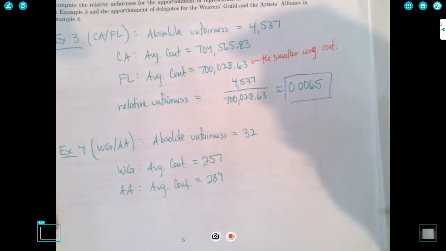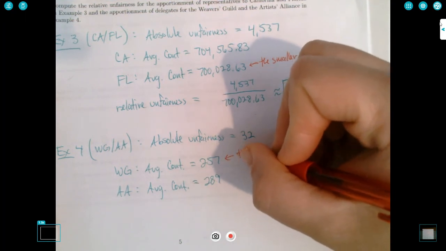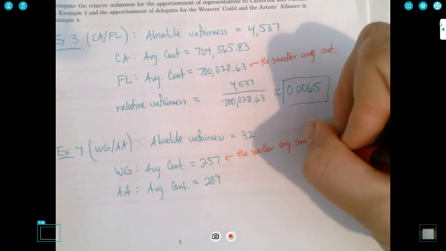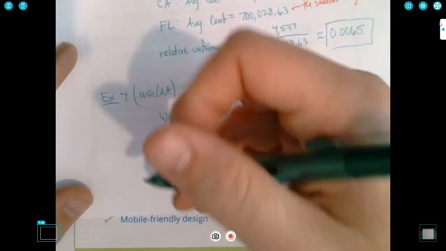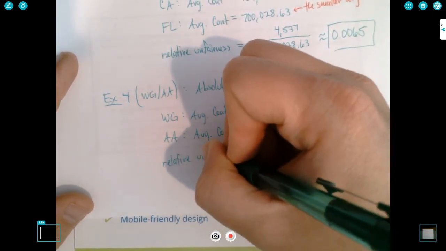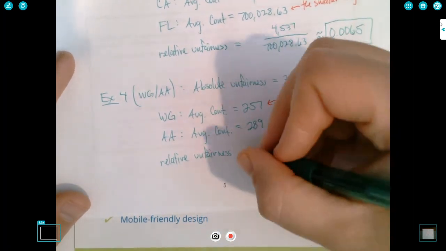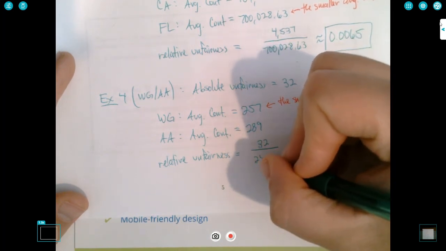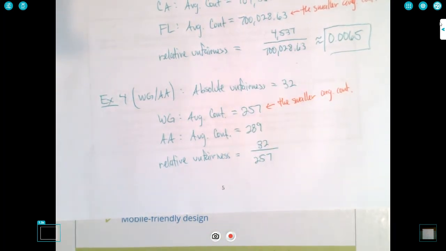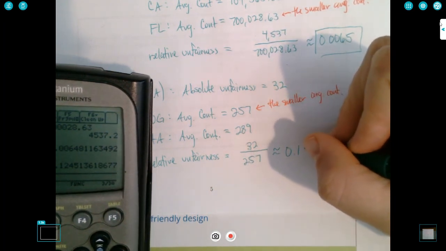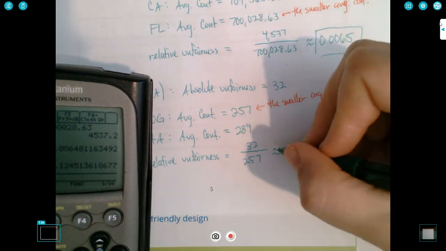So this one is the smaller average constituency. The relative unfairness would be 32 divided by 257, which is about 0.1245.